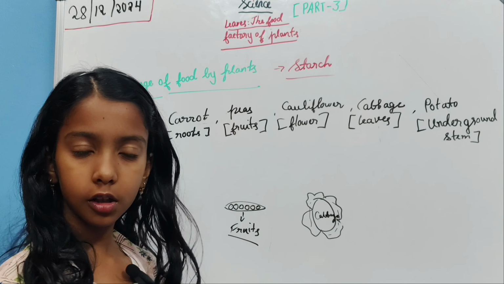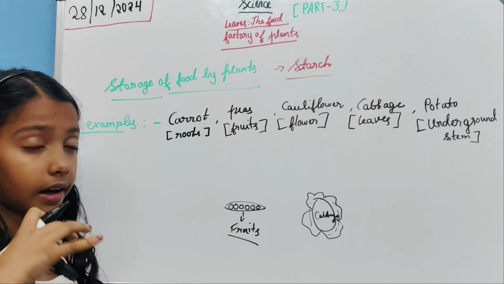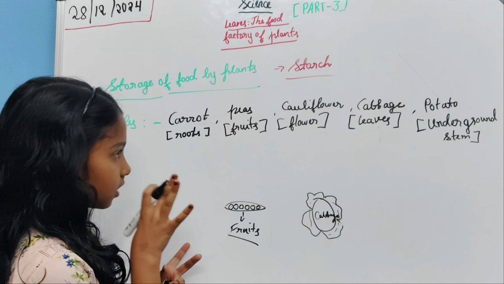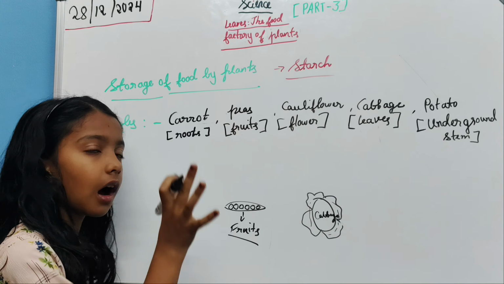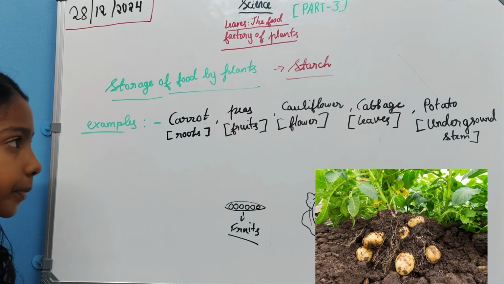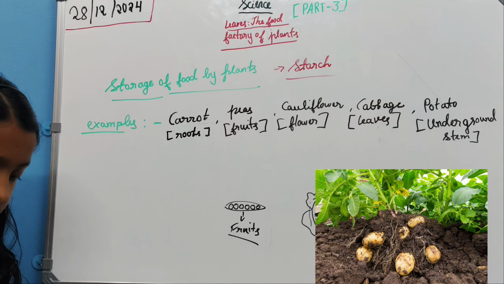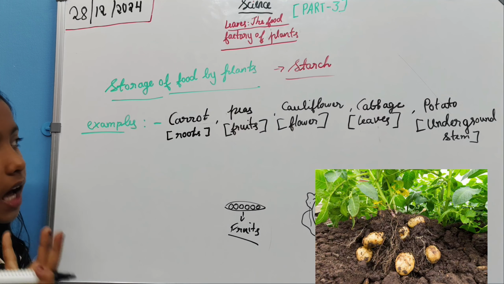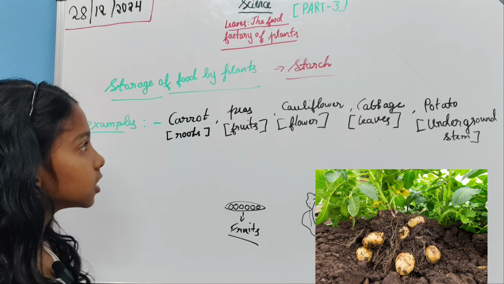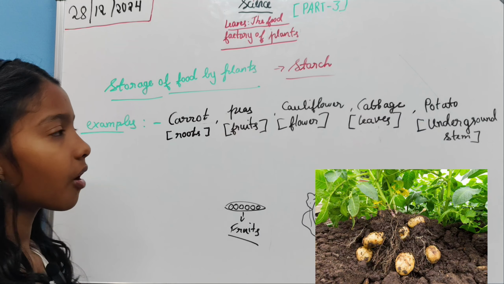Okay, the potato is stored in the underground stem. See, this is the potato. Underground means under the ground there are stems. In that, the potato will store the food in the form of starch.